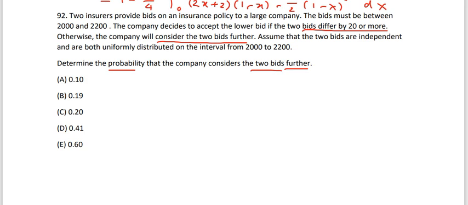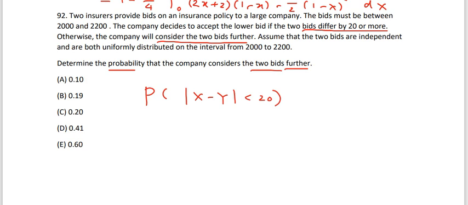So they consider them more means that difference. We put this as x and y. So we want to find the probability that x minus y, their difference, is less than 20. Okay, so we want to find this probability. Then what is the distribution for x, y?